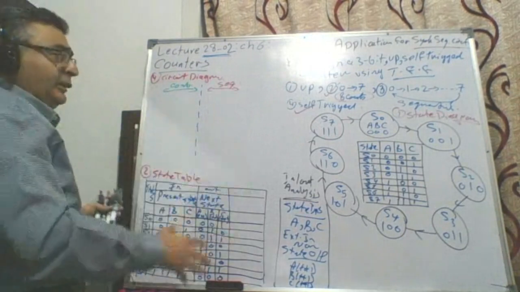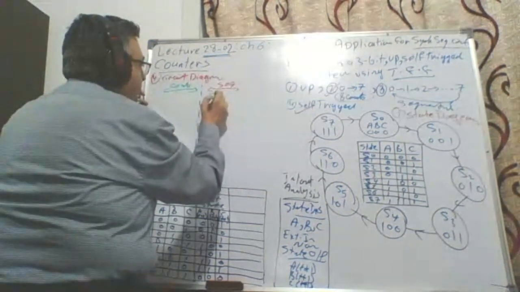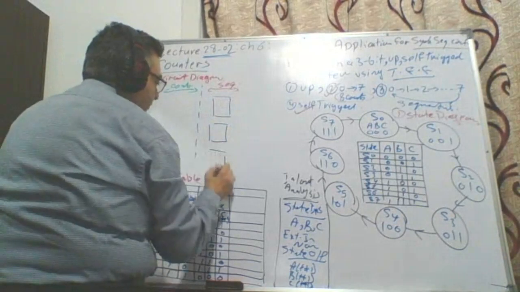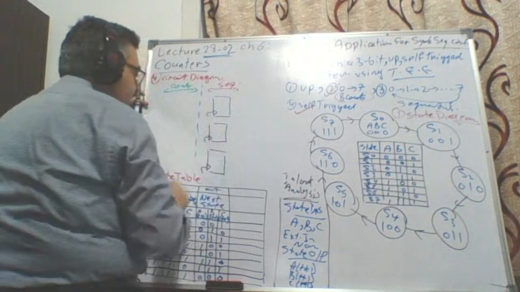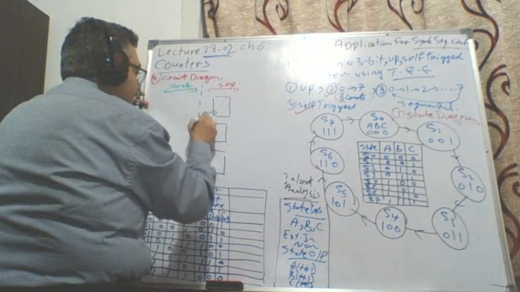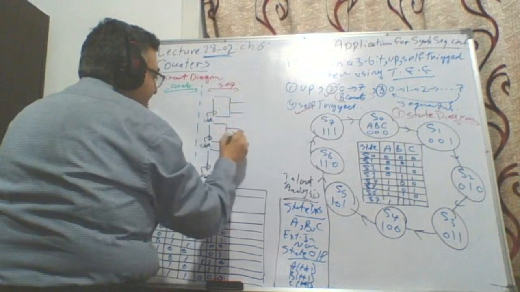How many flip-flops do I need for this circuit? I need 3 flip-flops. So I will draw the first flip-flop, the second flip-flop, the third flip-flop. Those flip-flops have names.